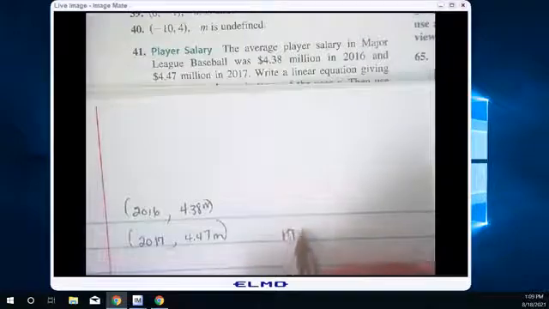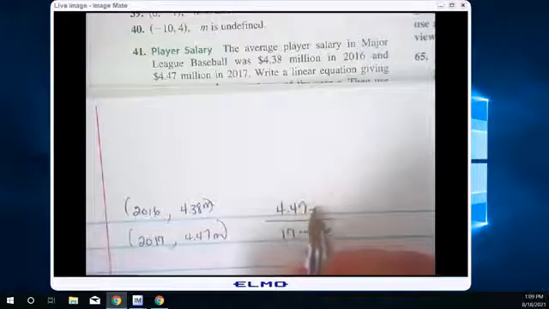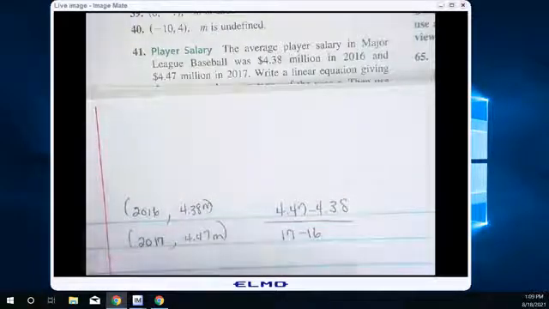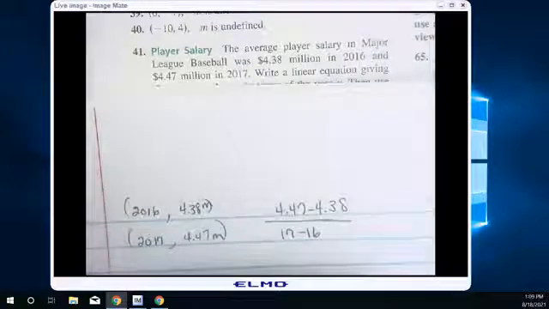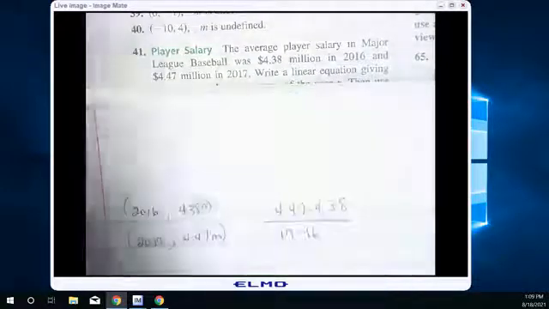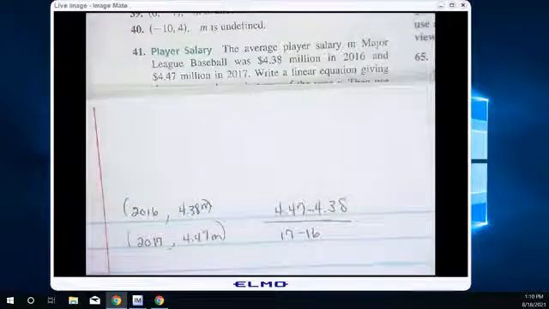I'm going to do 17 minus 16, so 4.47 minus 4.38. And over here in my handy-dandy little calculator, I'm going to do 4.47 minus 4.38. And I messed up. Who said that? Felix.